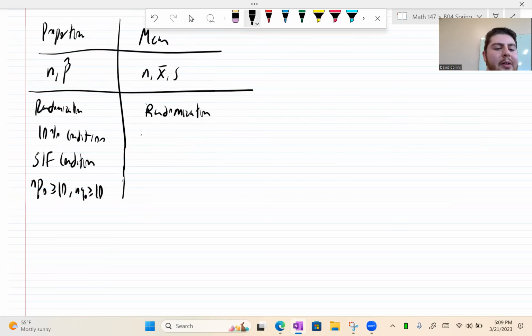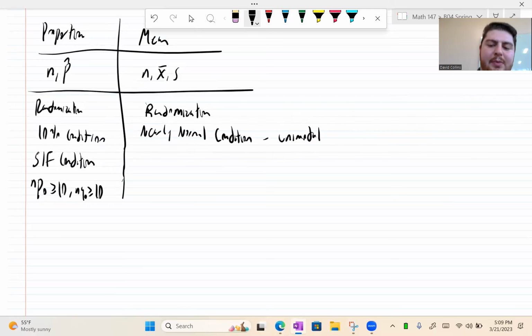And you have the nearly normal condition, which just means unimodal and symmetric histogram. So you need a random sample and a unimodal and symmetric histogram. So the left is justification for using the normal curve. On the right is a justification for using the T curve.